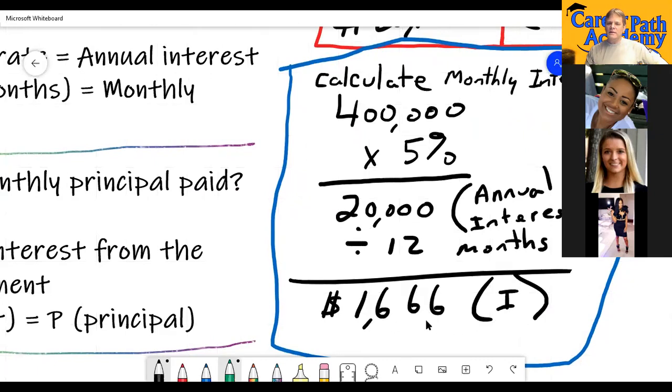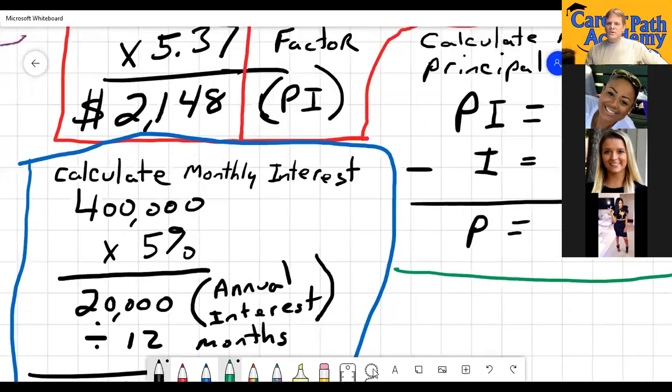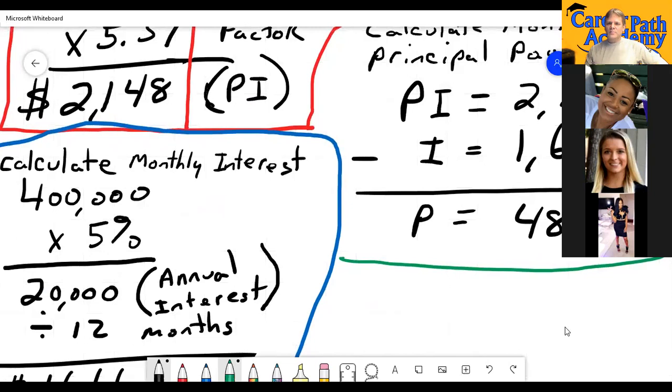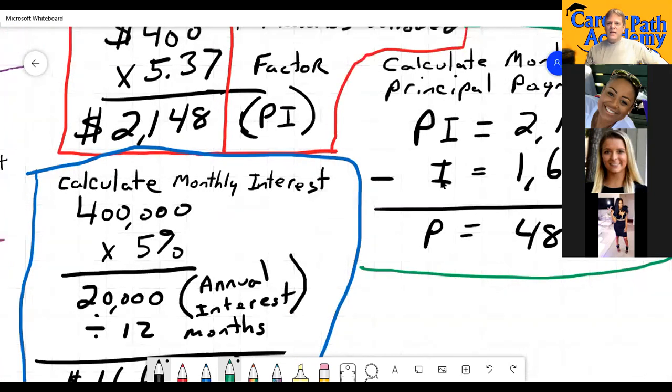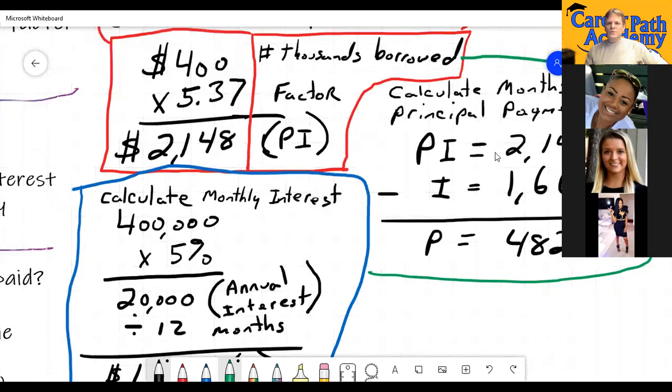The monthly I is 1666. So now I take the PI, subtract the interest of 1666 from it, and I'm left with the P, the principal, of 482. So those were your two answers: the PI is 2148, and the principal is 482.